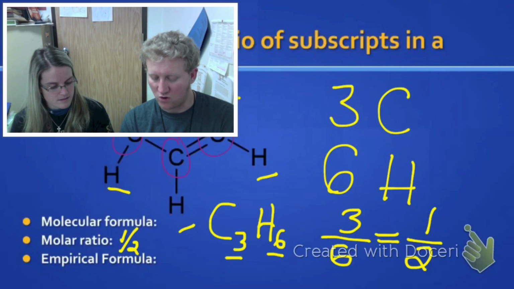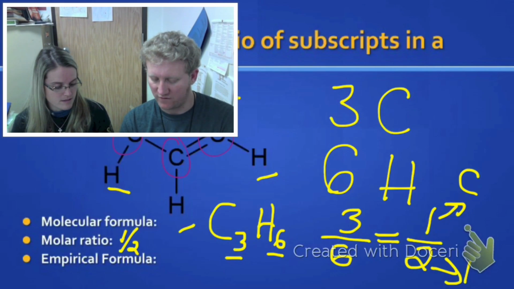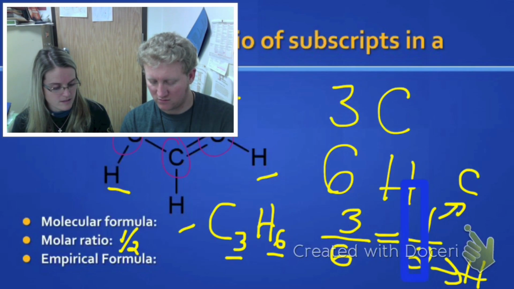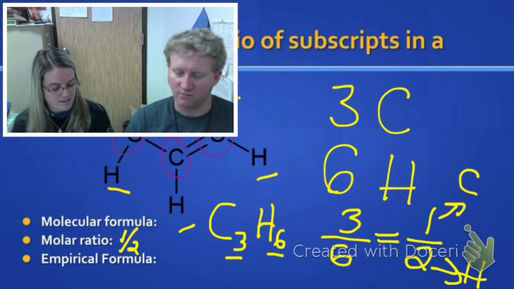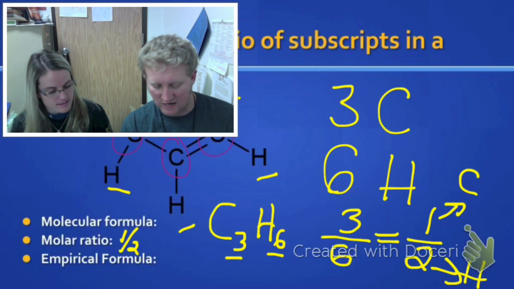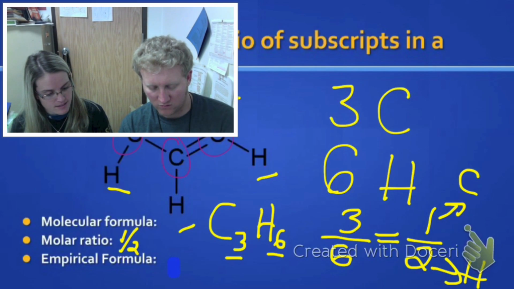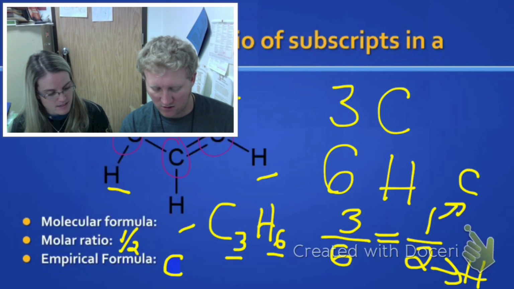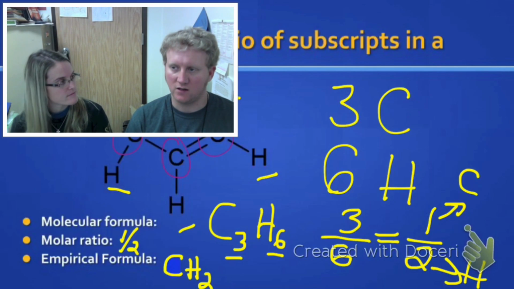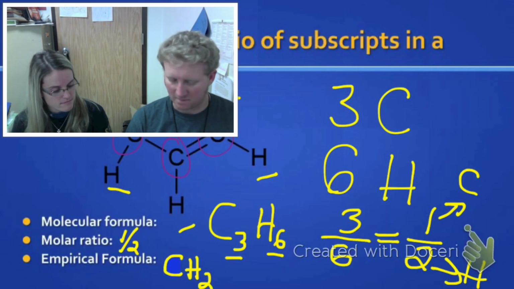If 1 is the number of carbons and the 2 is the number of hydrogens, we're going to use those as our new subscripts. So now we've got one carbon and 2 hydrogens. So CH2 is the empirical formula.